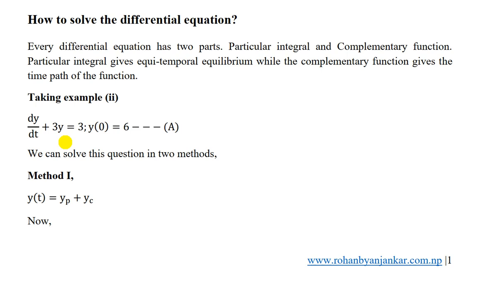I have taken it as equation A. It is a first order differential equation because we have a first order derivative in the form of dy by dt, and it is non-homogeneous because here it's 3, not 0.